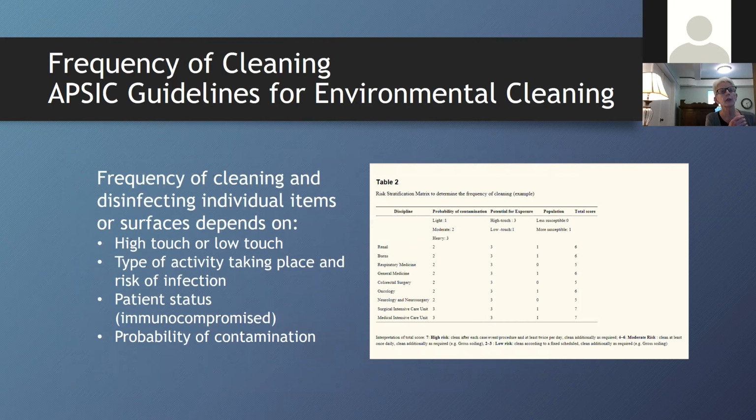There is a lot more information now about it's not just that we clean, but how often do we do it? And the more we decontaminate, we know the lower burden of microbes are on those environmental surfaces.